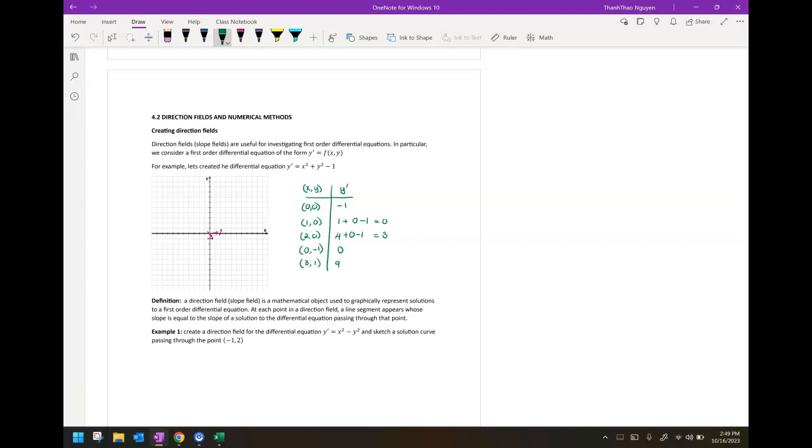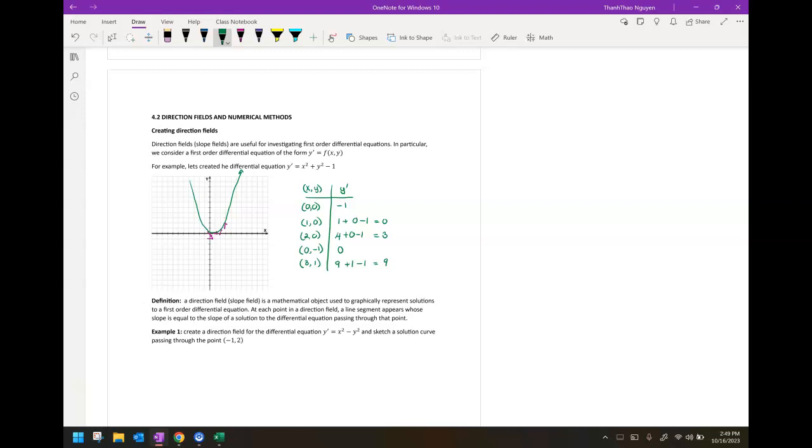We have 9 plus 1 minus 1. The slope is 9, so the slope increased dramatically. So it's almost a vertical line like this. So it seems like we have some sort of curve that's doing that. Now, do we really need to sketch this by hand?